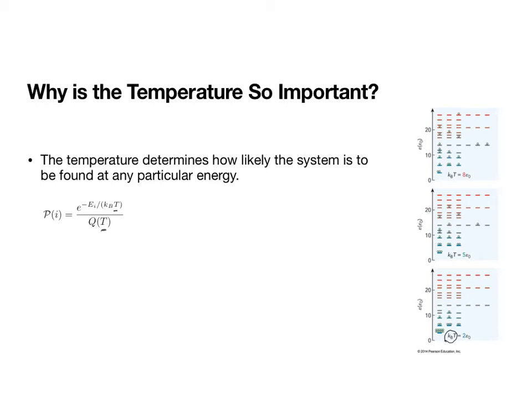So if we say that our temperature times the Boltzmann constant is equal to twice the energy of our ground state, then the molecules in our system can really occupy the first 4 energy levels, with the majority of these molecules being in the ground state.